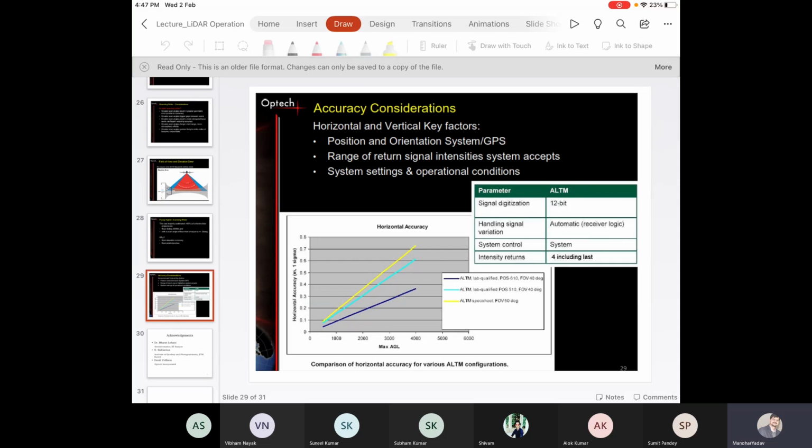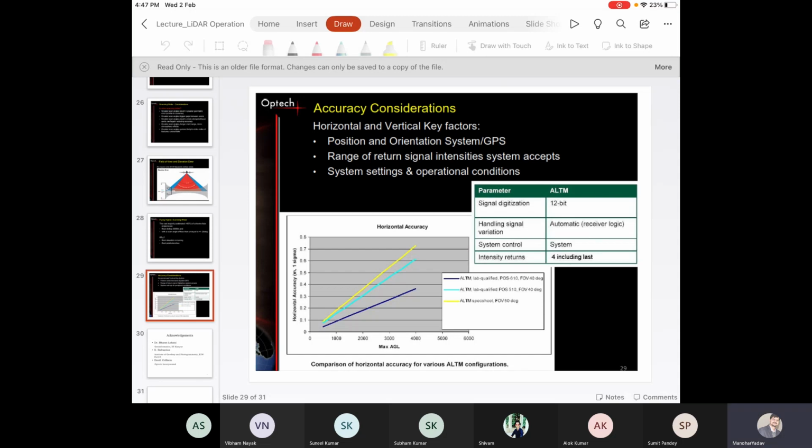So in today's session, we have seen the effect of laser footprint diameter on the accuracy, and why we can't perform laser scanning in the radio band. Then we have seen the relationship between pulse firing rate and height h, that is, the above ground level flying height, the single pulse limitation, and multi-pulse concepts.